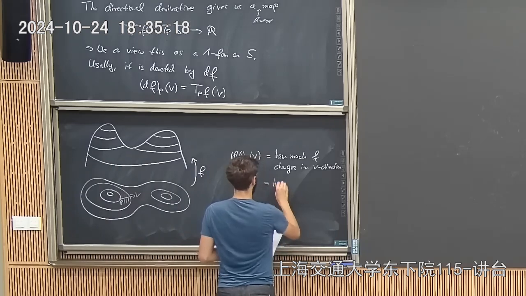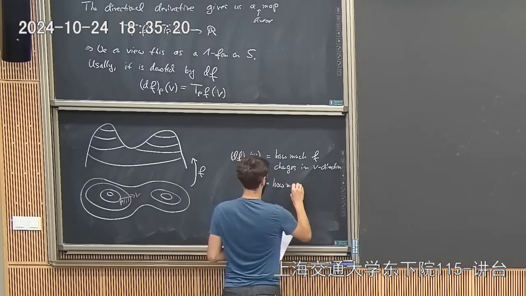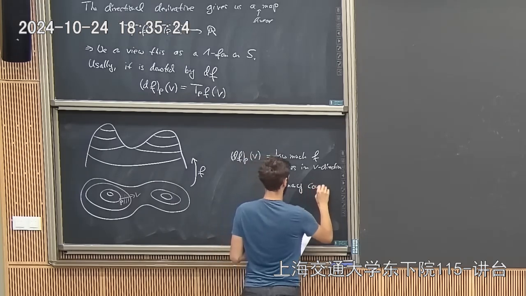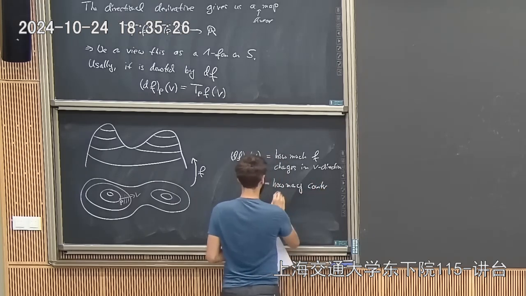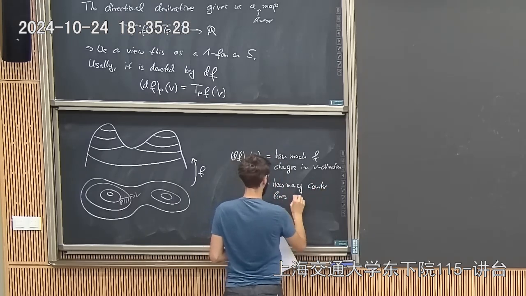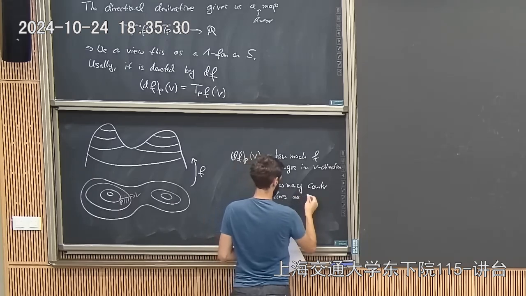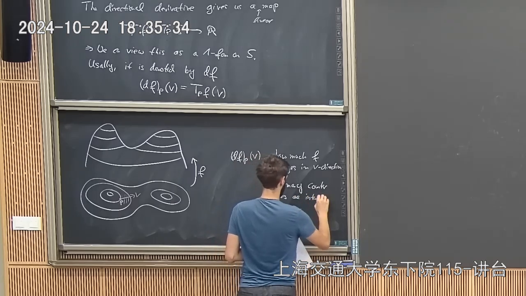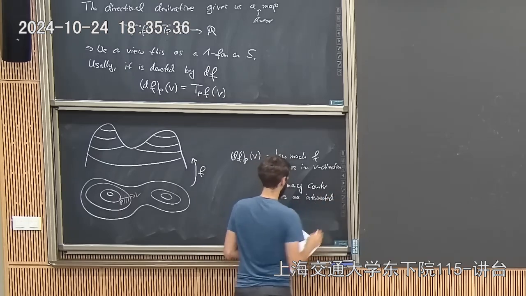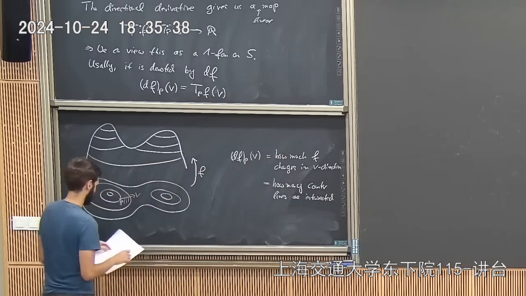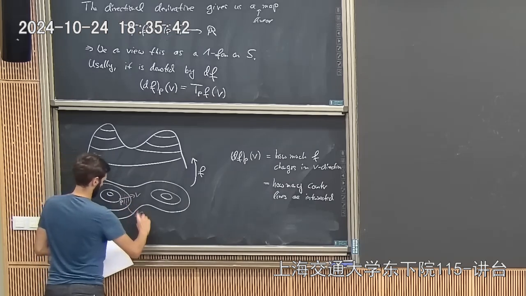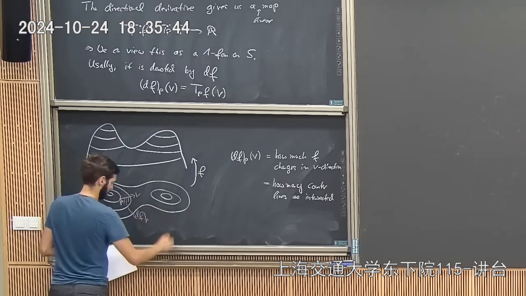So how many contour lines intersect is df at that point.